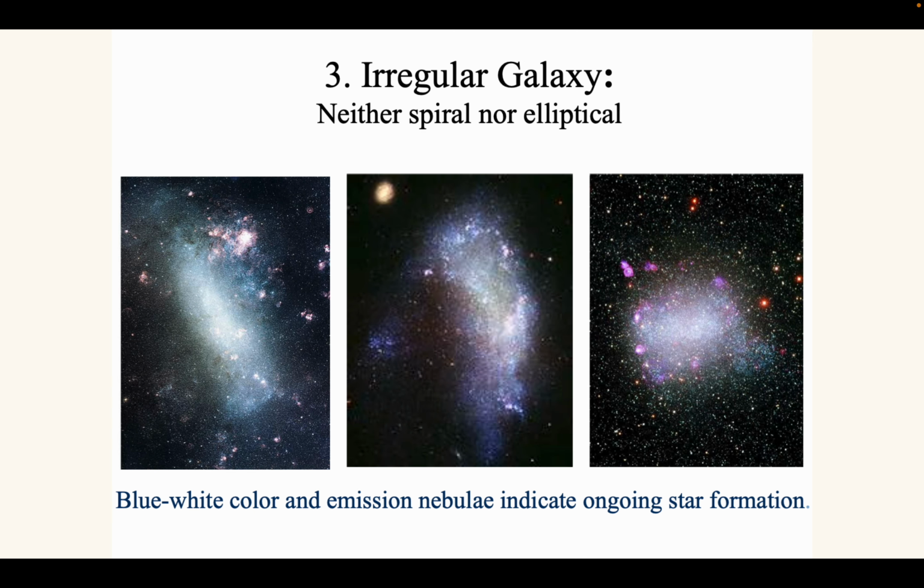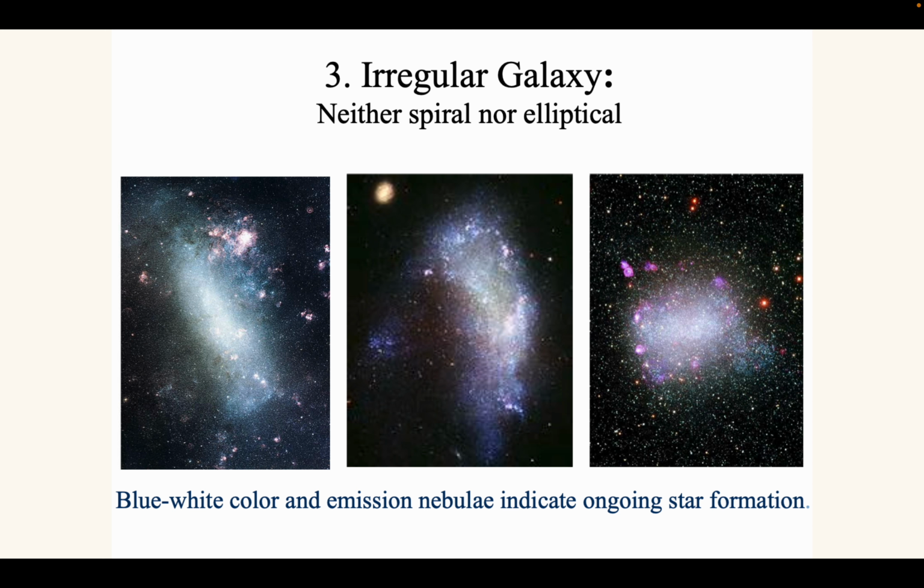The next main type of galaxies are the irregular galaxies. This is neither spiral nor elliptical. It has an irregular kind of shape. These galaxies have a blue-white color. This blue-white color comes from stars with very high surface temperature, and you know that young stars have very high surface temperature.